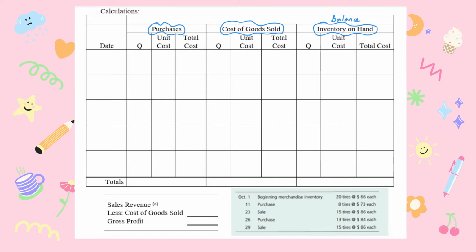Okay, so now we have the transactions down here. This is the question. We're gonna start with October 1st. Beginning merchandise inventory 20 units at 66 each. So under the balance, I'm gonna write 20 at 66 each.